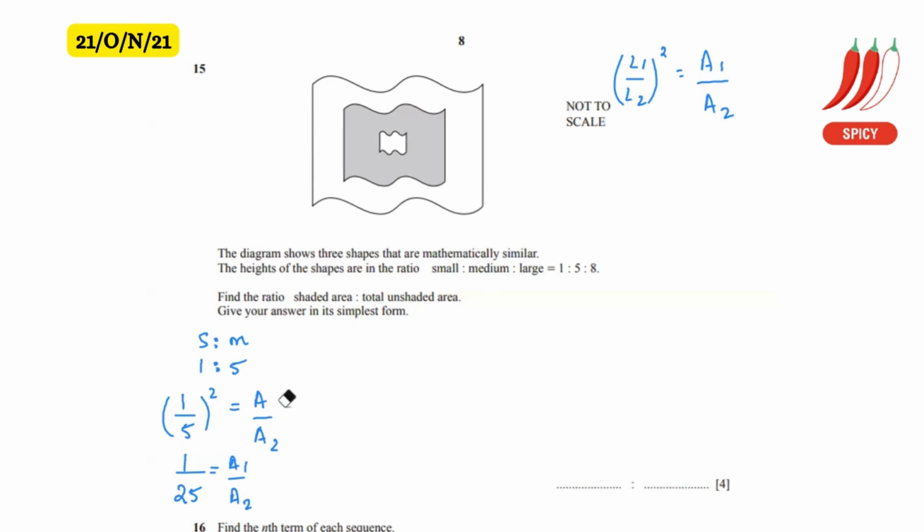Actually, let's replace the 1 and 2 with small and medium so that there is no confusion. Okay. Now, if we do medium to large, so that's 5 is to 8. So 5 over 8 squared equals area of medium divided by area of large. So that's 25 over 64.